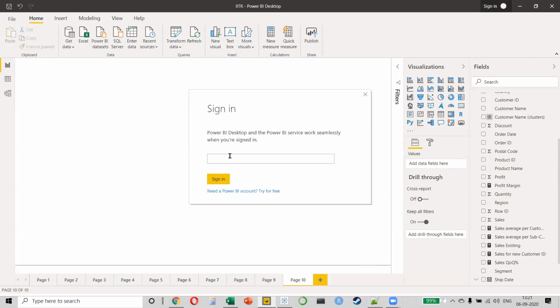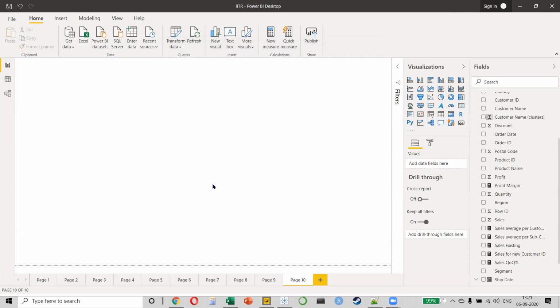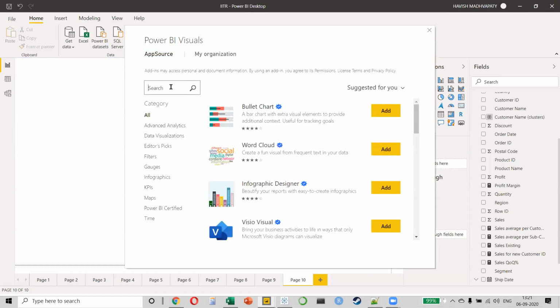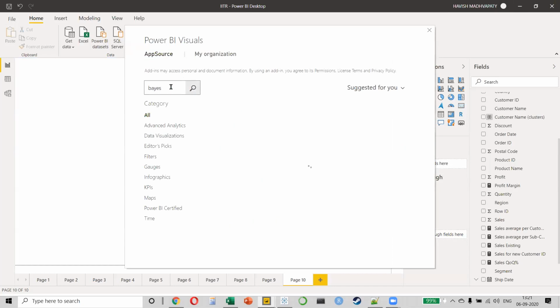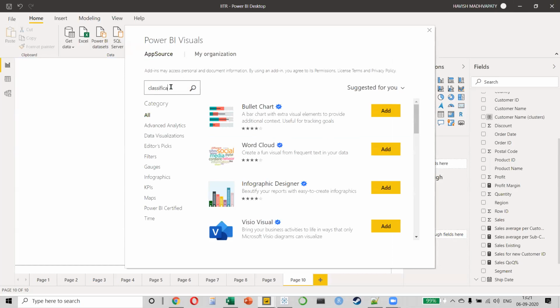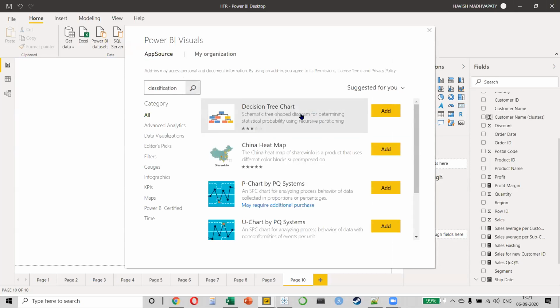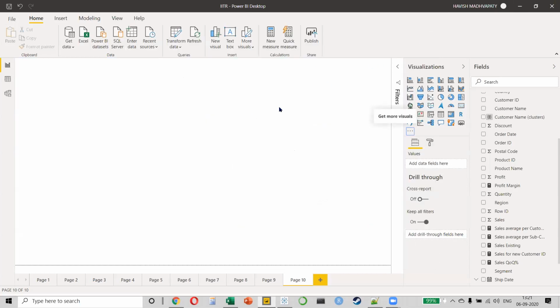Should I try once again? Okay. Let me click on get more visuals and see if there is your Bayes classifier. No, it's not there, right? But if I look at classification, you have decision tree. Yeah, there's not much, you know, like I said, I was not expecting that this would be there. If you want to do this, then you can run R and Python scripts. That's the only option that you have.